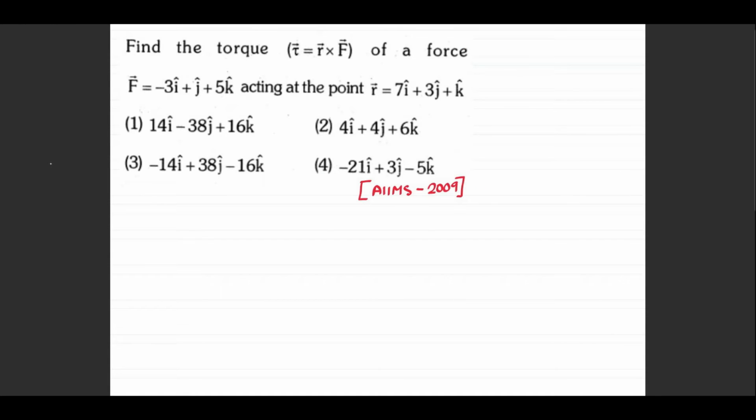This question that we see here is from AIIMS 2009. It has given a definition that torque is nothing but the cross product of R and F. R vector is given, F vector is given in mathematical form. I have already discussed, if I have to find R cross F, I can deal in this manner.